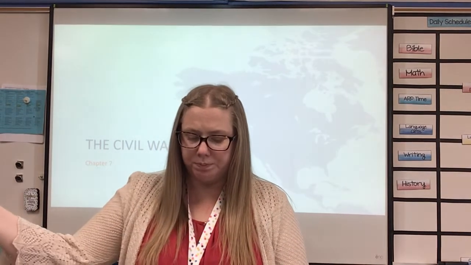So the Peninsular Campaign is what I'm going to talk about next, and this is an attack led by General George McClellan, and McClellan decided to attack a different way. So he was still trying to attack Richmond, but he wanted to go via the Virginia coast.